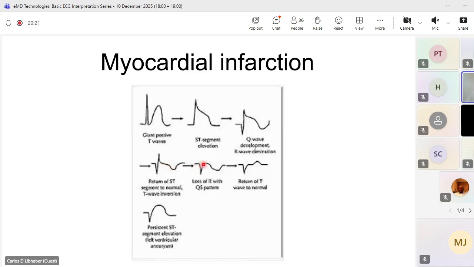Here I don't have it in that area. Doesn't mean that the whole ventricle is necrotic. In that area, I see a Q, the R wave is gone, and I have an inverted T wave. And eventually I can have a Q, and the T can come back to normal or not.